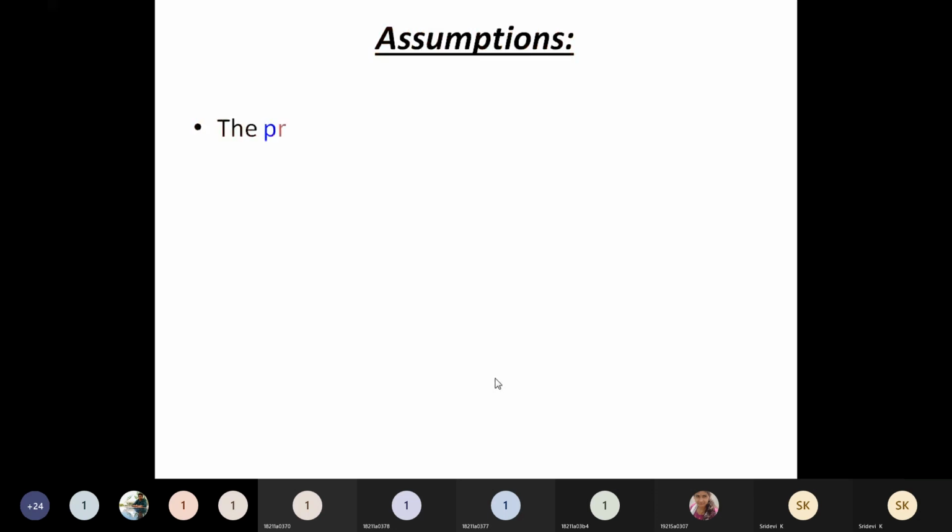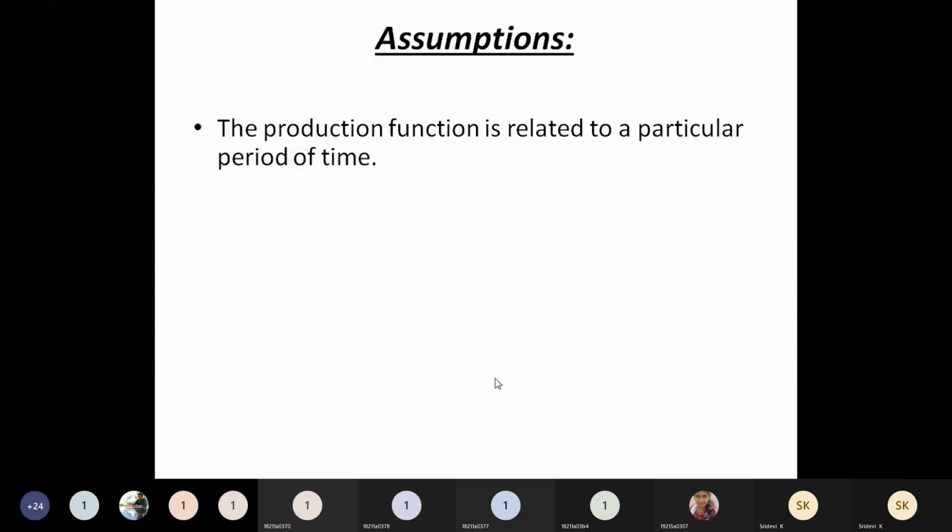So for any law, there will be certain assumptions. For this production function with one variable also, we have certain assumptions. The first assumption is that this is related to a particular period of time. Whenever you are going to apply this, it is possible only for a short period.